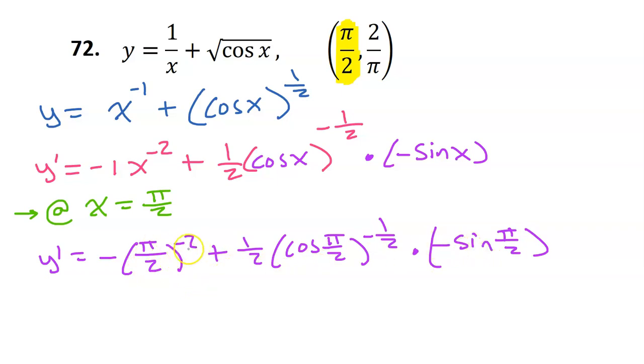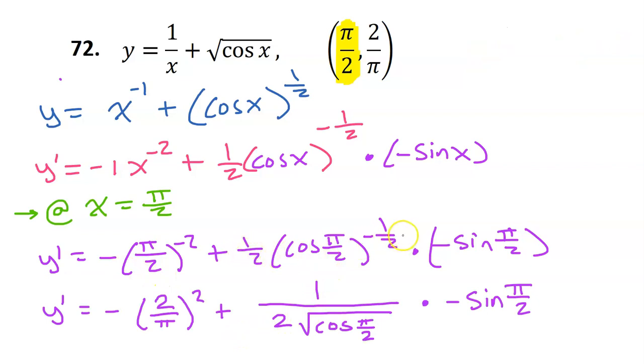So I'm also going to rewrite this to deal with these negative exponents. Remember one little thing. If I have a over b to the negative 2 power, that's the same thing as b over a to the positive 2 power. So that's what's going to happen right here. What happened in this area here is, you see the 1/2, so the 2 is still right there, but then we have the cosine pi over 2 to the negative 1/2 power.